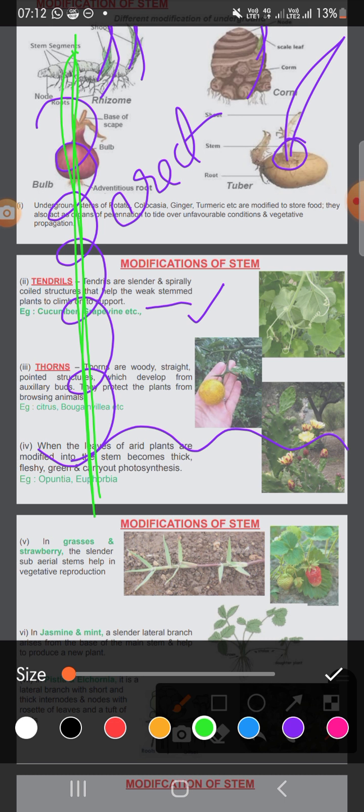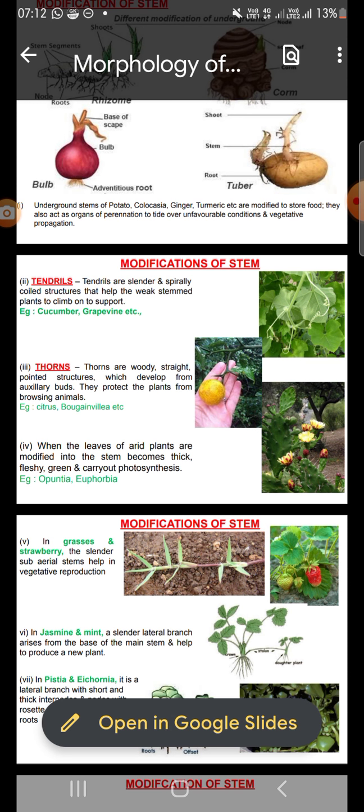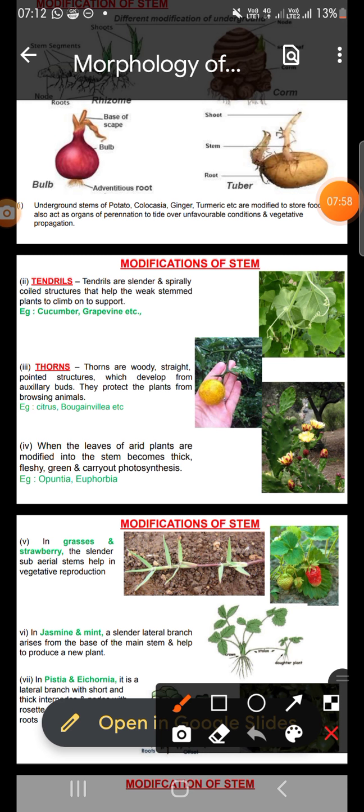But in nature, in the natural habitat, whatever object they find, they try to encircle it. The tendrils help the plant coil around the support which they find in the natural environment and try to grow erect. As the tendrils are formed from the stem, we call them stem tendrils. Examples: cucumbers, grapevines, bitter gourd, etc.